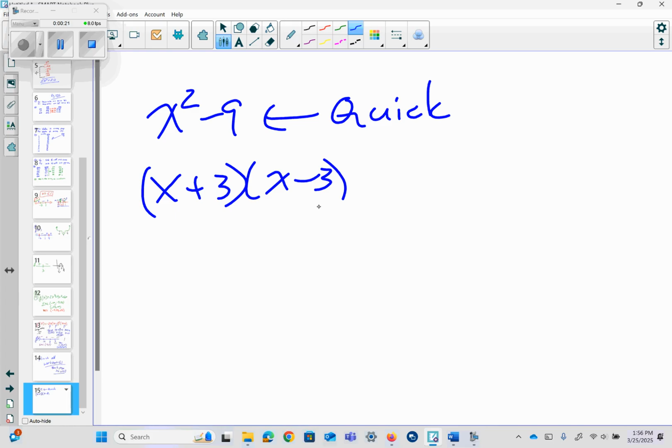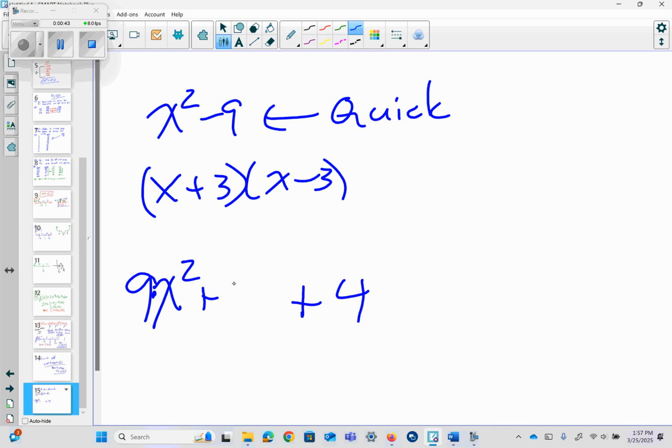But then sometimes you might have one that looks like this. 16x squared. Let's make that 9. 4.